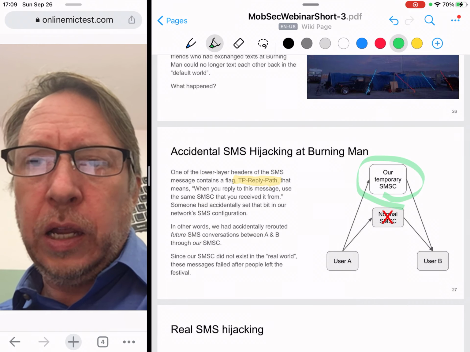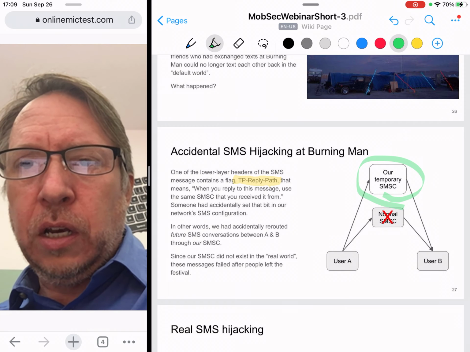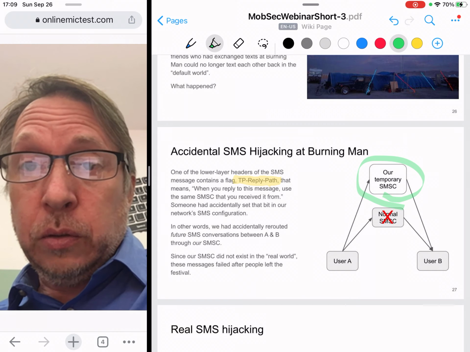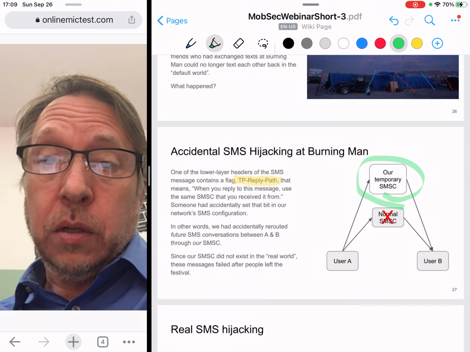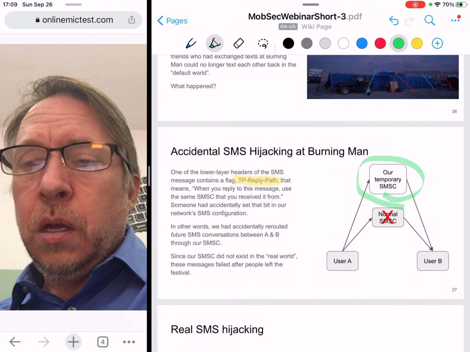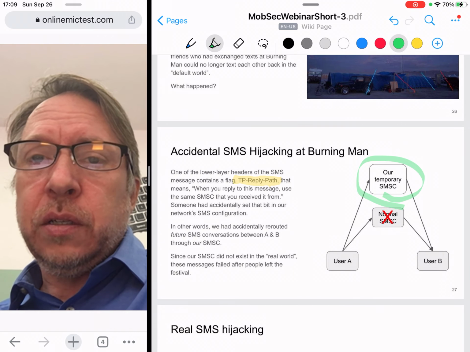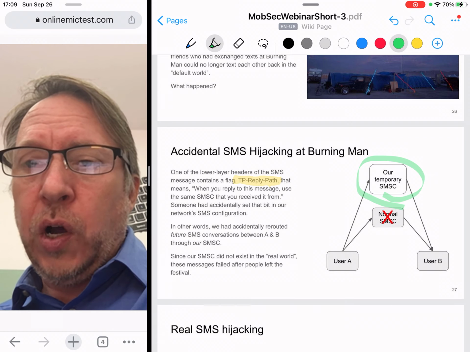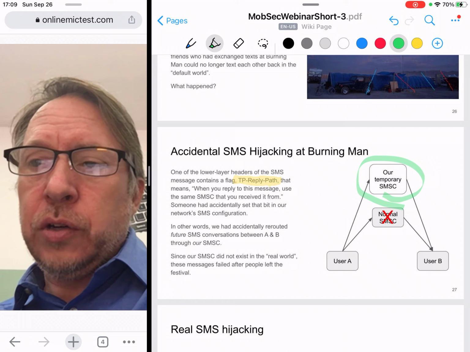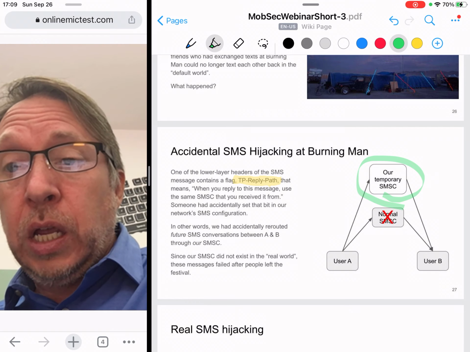It was in a box somewhere in a storage room. So we'd accidentally programmed these people's phones to reroute all future SMS conversations through our SMSC, which they didn't have access to, and so those messages persistently failed.